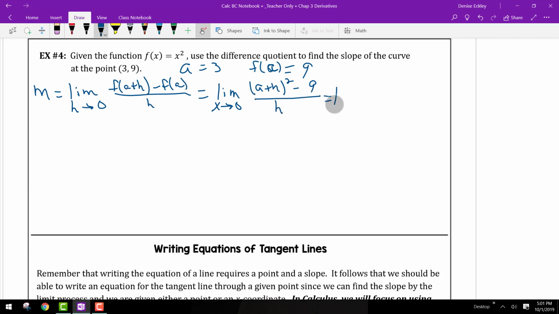Now we're going to expand that, so we get the limit as h approaches 0 of a squared plus 2ah plus h squared minus 9 all over h. Oh, I forgot to put, I'm sorry. This should be a 3, because we know that a is 3. So that's a little correction here. So this should be 3 plus h. So this number should be 9, which is 3 squared. And what told me that was I realized the 9 wasn't going to cancel.